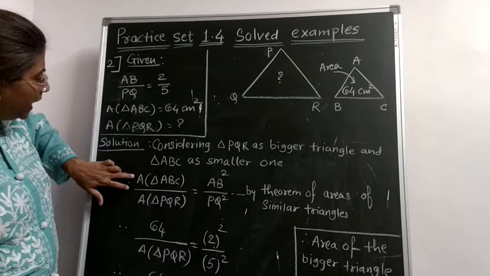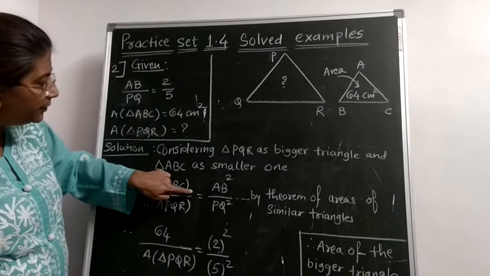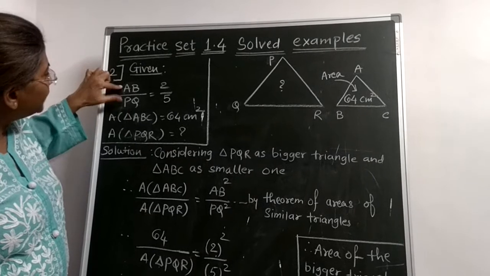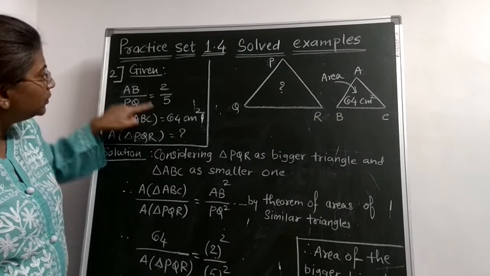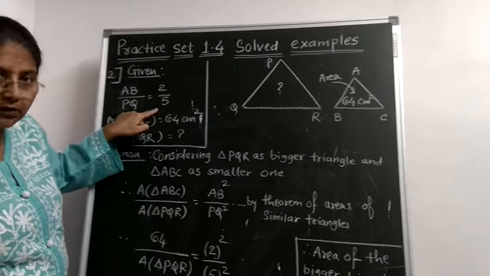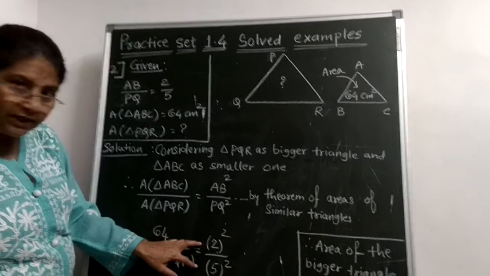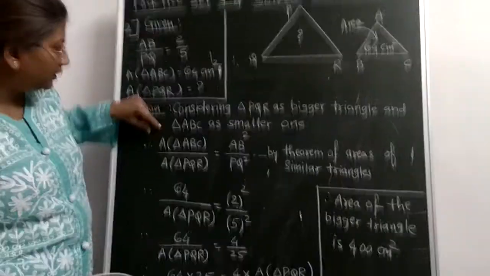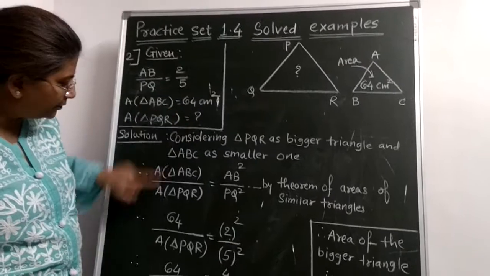Here, area of triangle ABC upon area of triangle PQR will be equal to AB square upon PQ square. But AB is 2 units whereas 5 is the value of PQ. While substituting these two, the area of triangle ABC is also given, that is 64 square centimeters, we will substitute that.